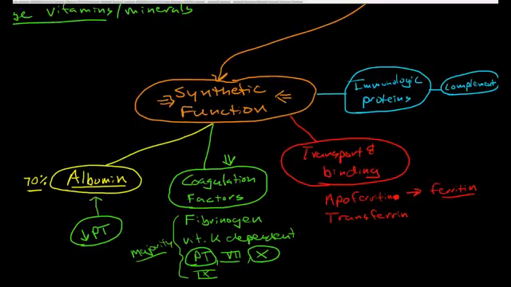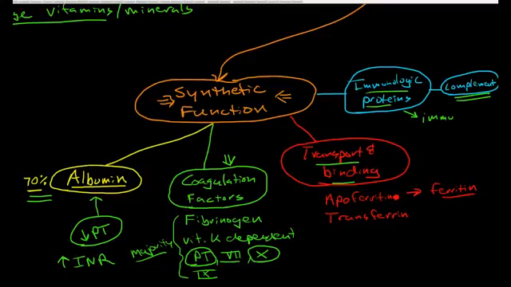So if you have a patient with liver failure that has a significantly elevated INR, you can also expect that they're going to have impaired albumin, they're going to have issues with transport and binding proteins, and they're going to have loss of immunologic proteins. So they're going to be essentially immunosuppressed, right? Keep in mind that we don't measure PT in patients with hepatic failure just because we're concerned about their bleeding. We are looking at it as a marker for all of the synthetic function of the liver.